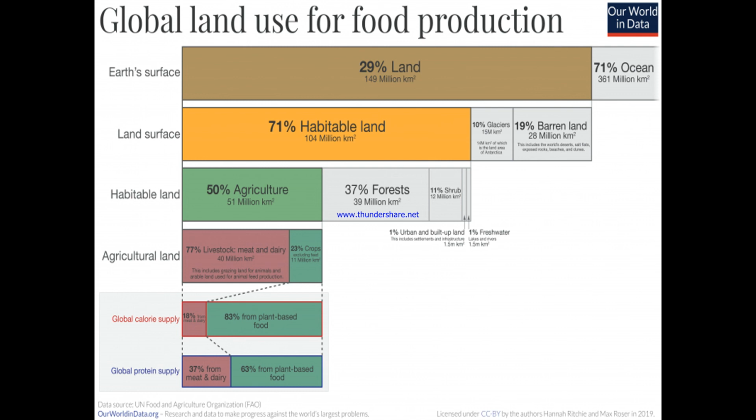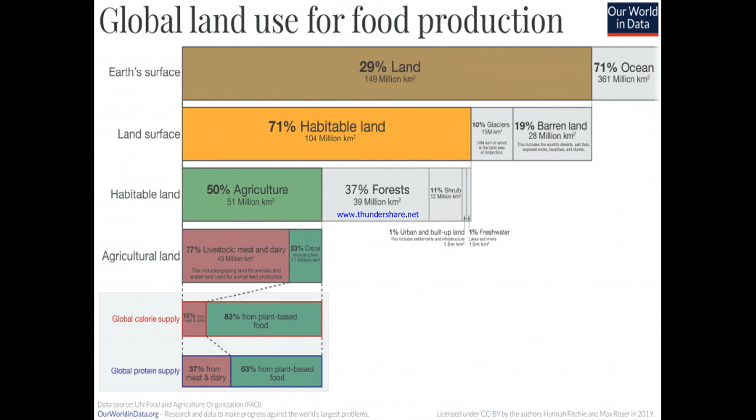So this is the utilization of the land that we have for the purpose of biodiversity and other activities. Then habitable land is 50%, that is 51 million square kilometers. Then you have 37% for forests and 11% for shrubs. Shrub is a small bush.